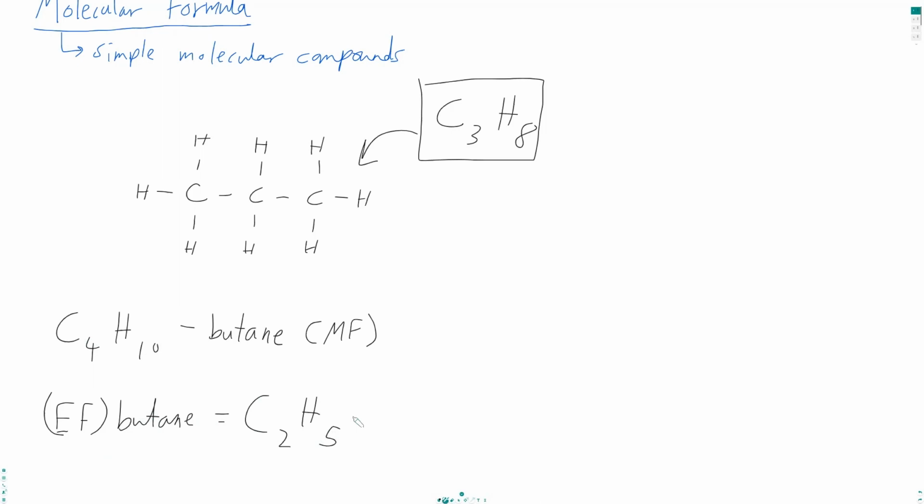So we can calculate the molecular formula from the empirical formula if we know the empirical formula and the relative molecular mass of the compound. Let me say that again.